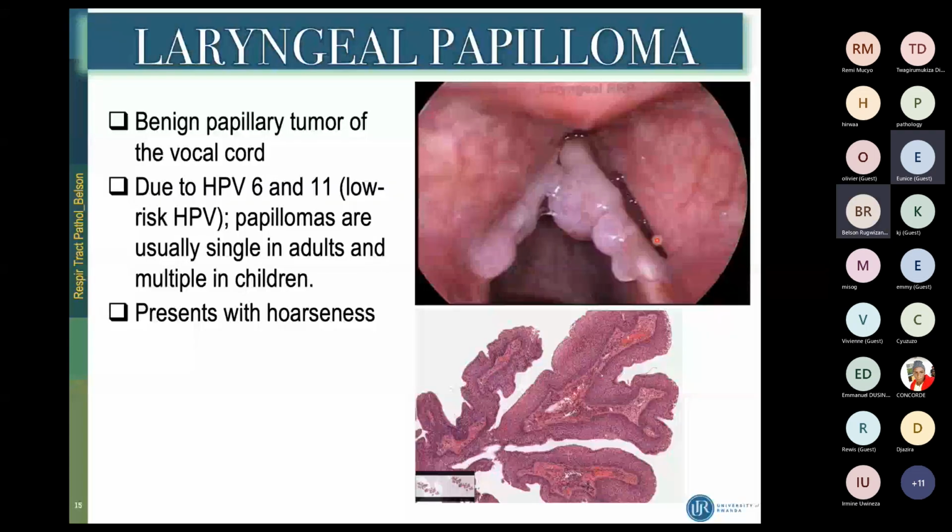So laryngeal papilloma. The way it presents itself, it looks like a polyp, but irregular, a polyp with irregular surface. It can appear in different places, even on the skin, some people get them. But the difference, as I said, the papilloma is a kind of polyp.